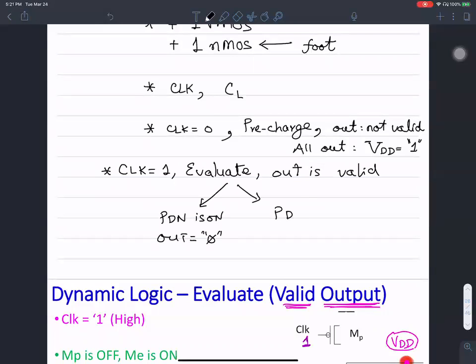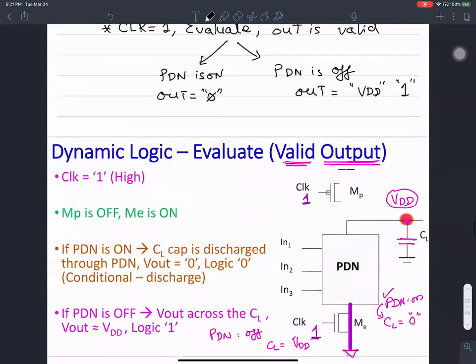If the pull down network is off, then the output should remain at VDD or logic 1. There is no discharge path for the load capacitance, so it does not discharge; the capacitance holds its value. Okay, questions please, questions so far.